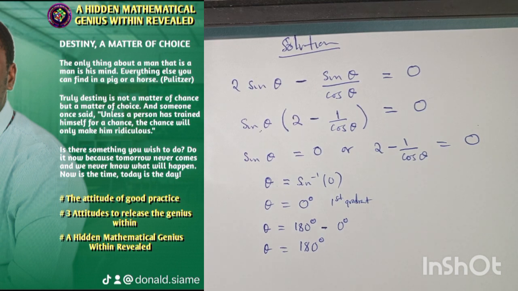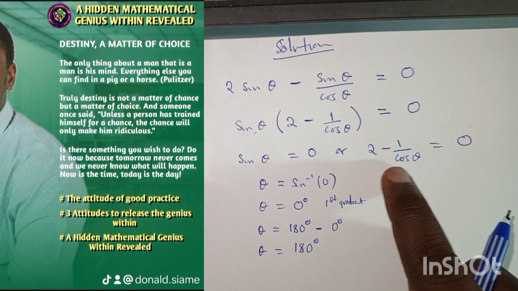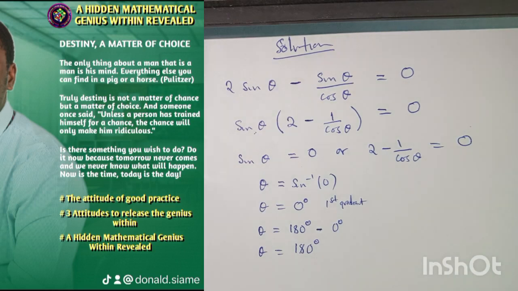For sine theta is equal to 0, we have two solutions: theta is equal to 0 degrees and theta is equal to 180 degrees. Okay, so we move on to this one: 2 minus 1 over cos theta is equal to 0.